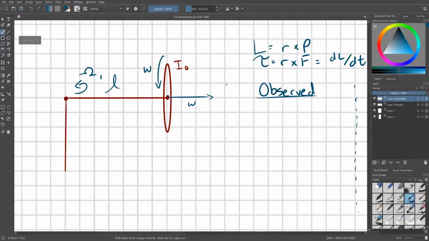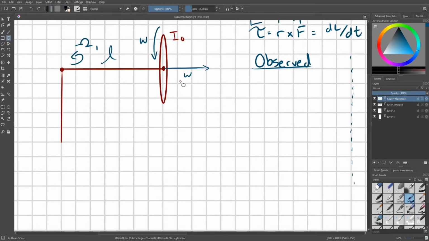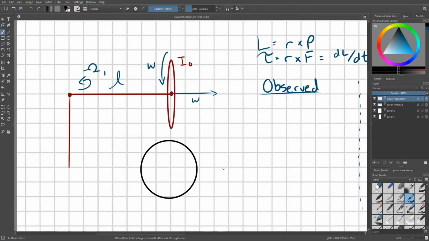Now, for fixed axis rotation, the angular momentum L will point in the same direction as omega. This isn't always true for rigid body motion, and for that reason, don't just take my word for it, we'll use the definition of angular momentum to show the direction of it.